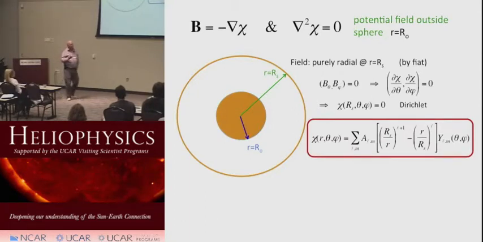Now, I'm going to make one modification. This was actually done without your knowledge last time. I'm going to say my potential has to match the field given by the dynamo, which is what we observed, the field inside the sun and basically reaches right up to the surface.